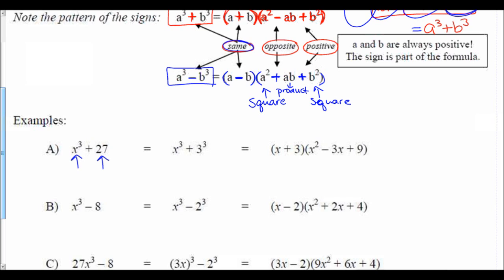X cubed is pretty clearly a perfect cube because it already has the cube in it. 27 is 3 cubed. I don't need to write it as 3 cubed, but it'll definitely help me to think about this. So going with the method I had before, my a in the formula would be an x, and my b in the formula would be a 3.